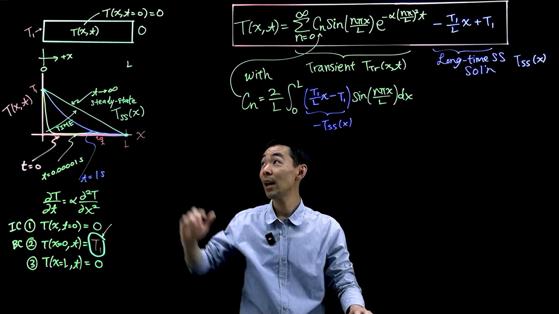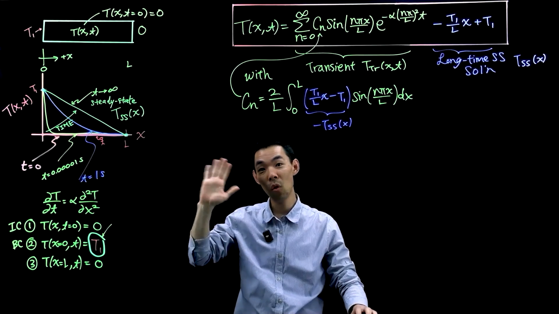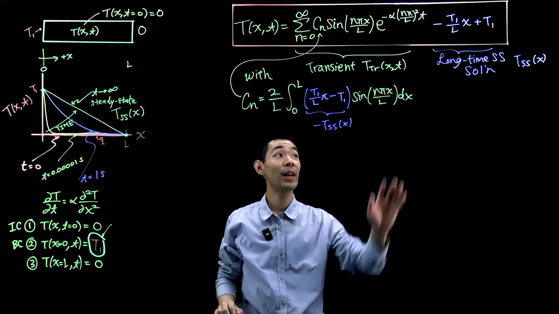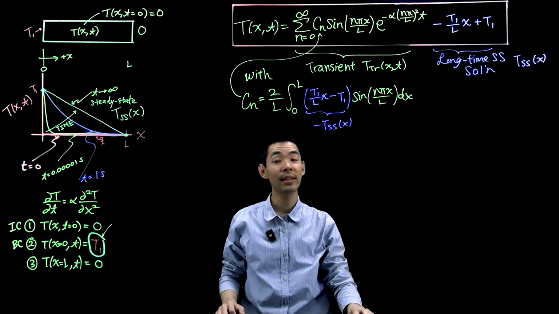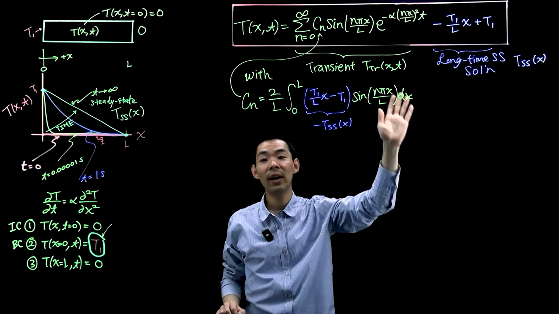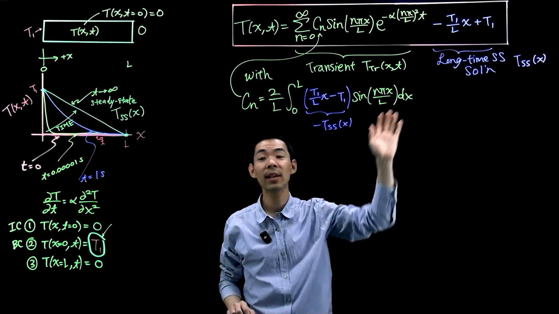And otherwise, I've set the left-hand boundary, T1, the warm reservoir, to be a temperature of 100. And therefore, that sets our long-time steady state solution as negative 100 divided by L, which is 1. So negative 100x plus 100.